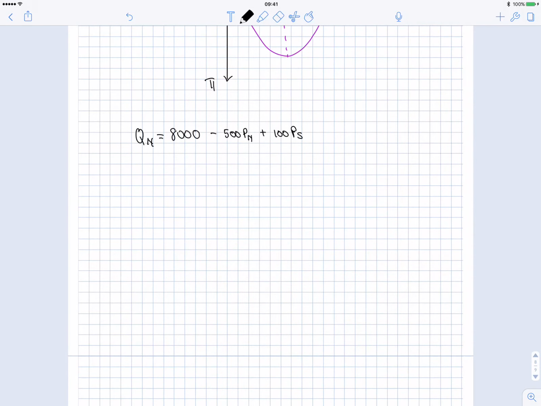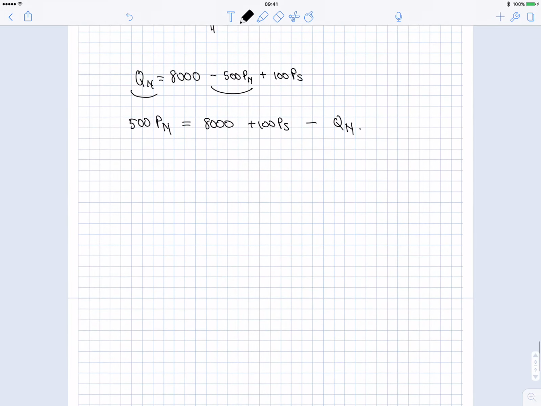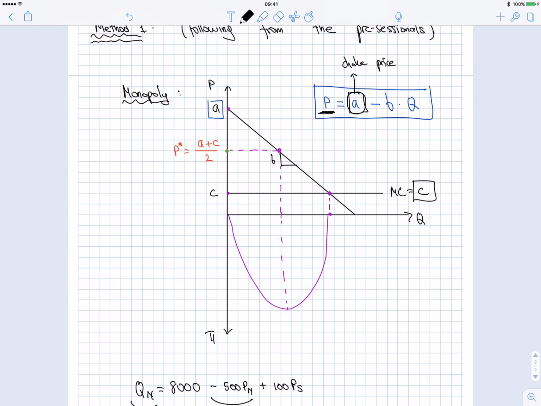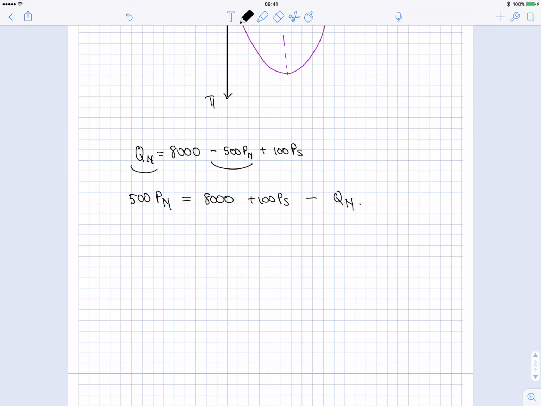So I want to get Pn on only one side, so send this to the other side, this to the other side, so we'll have 500 Pn is equal to 8,000 plus 100 PS minus Qn. All I did is rearrange. I'm not done yet because I just want to have P on its own. I don't want to have this 500. So I'm going to divide everything by 500.